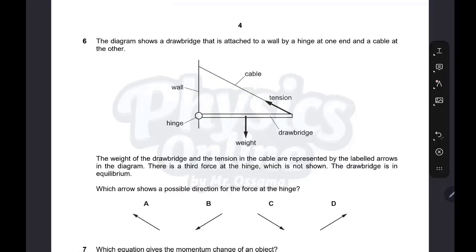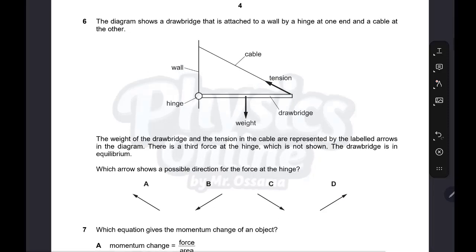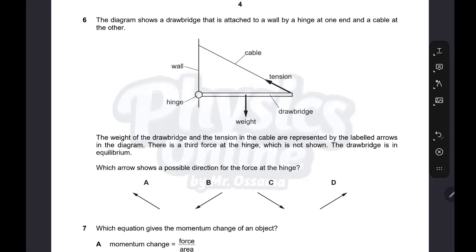The diagram shows a drawbridge attached to a wall by a hinge at one end and a cable at the other. The weight of the drawbridge and the tension in the cable are represented by labeled arrows in the diagram. There is a third force at the hinge which is not shown.